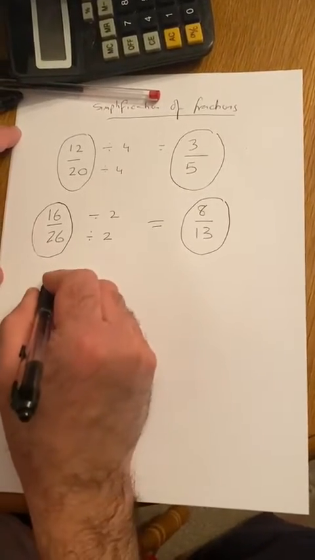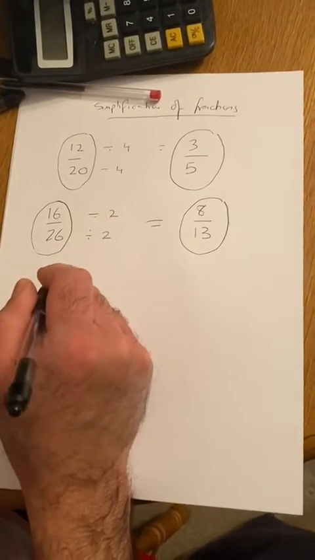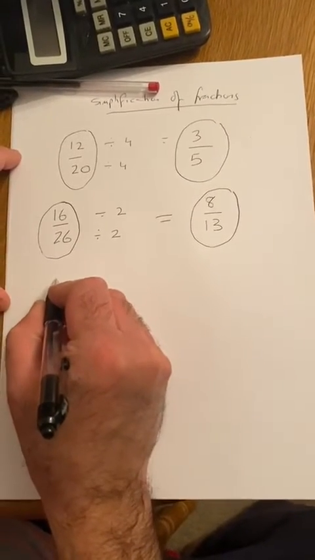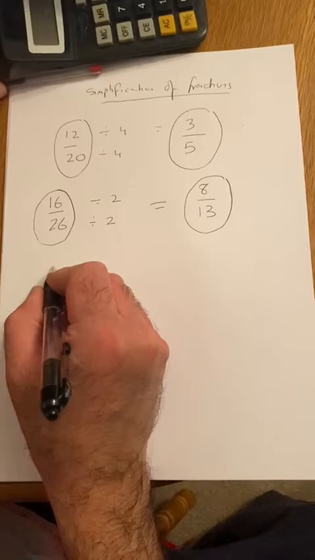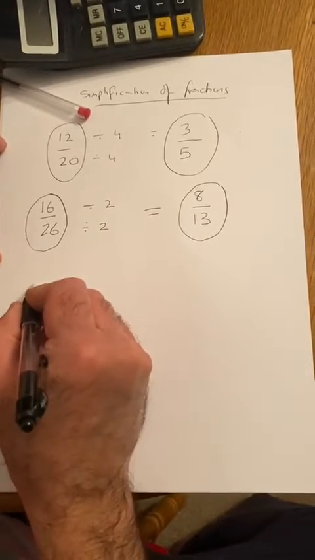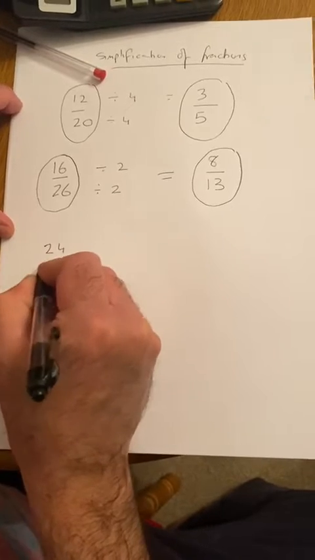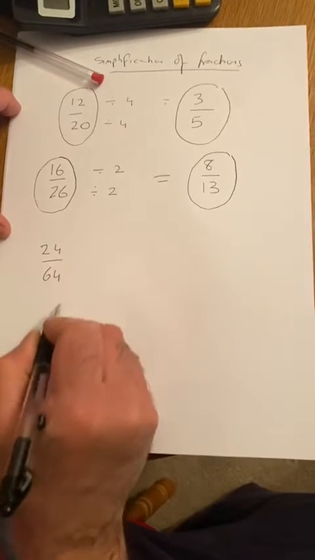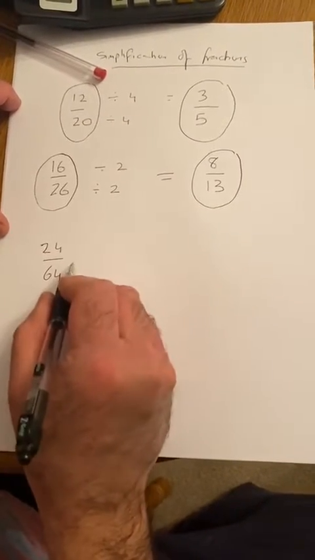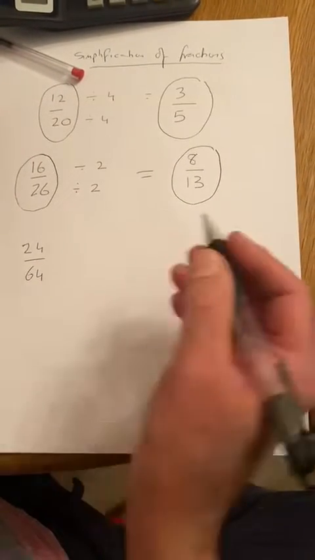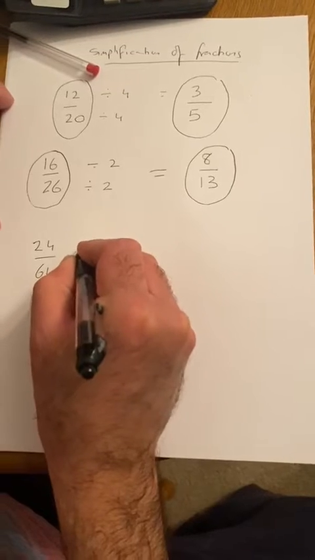If you're not able to divide it down completely straight away, let's have a look at that situation when we have 24 over 64. Now, if you can't think of a number that's going to divide it down immediately into its simplest form, you can start with 2.